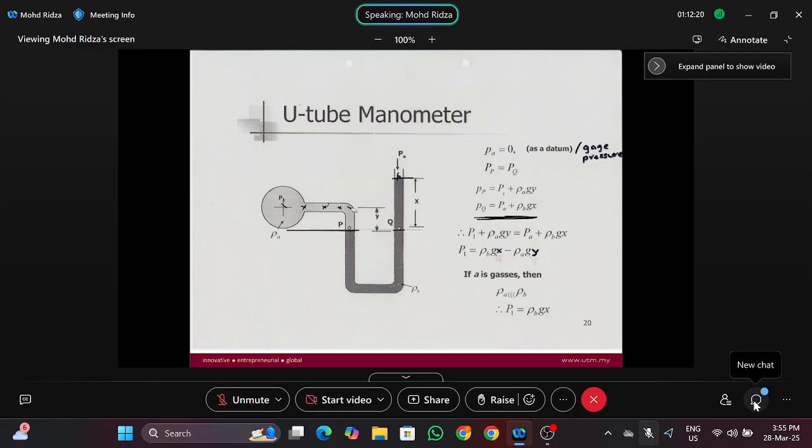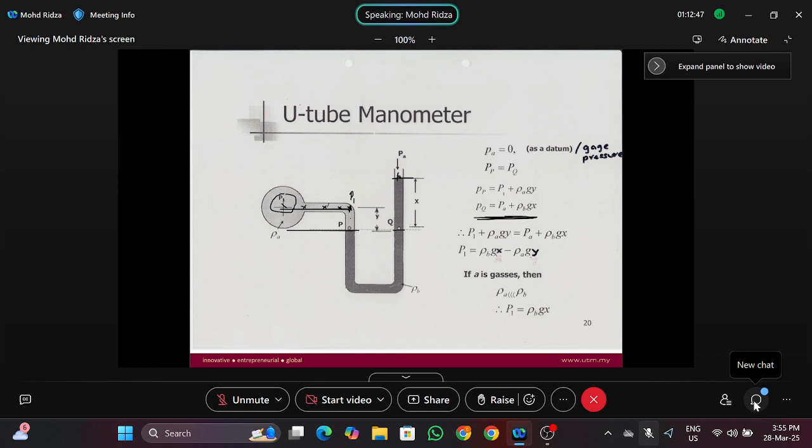So what we can do now is, instead of P1 in the pipe, we can put the P1 here. This is P1. It's the same. So now, what is P? P at point P is equal to P1, the pressure here, plus rho GH.